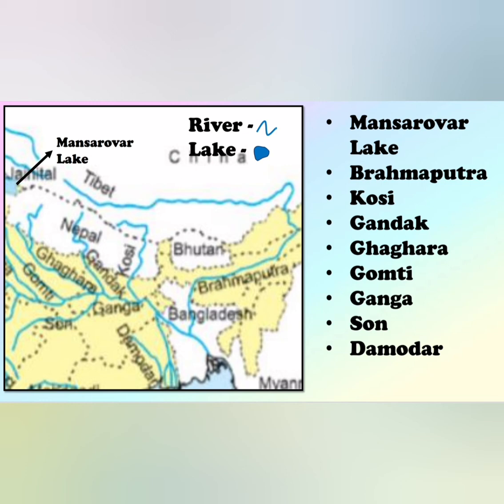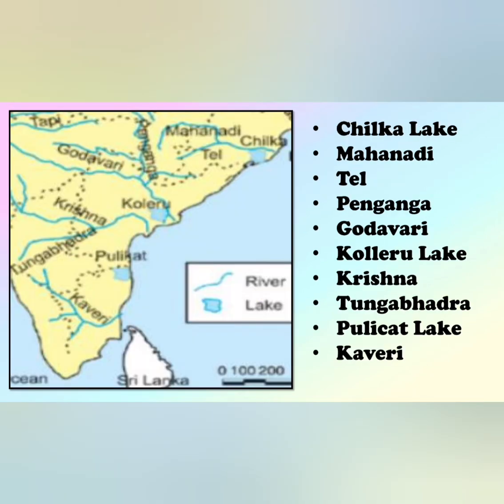Now moving towards the southern region, in the southeastern side we have Chilka Lake, Mahanadi river and Tel river. Beside them there is Penganga. Below Penganga there is Godavari.